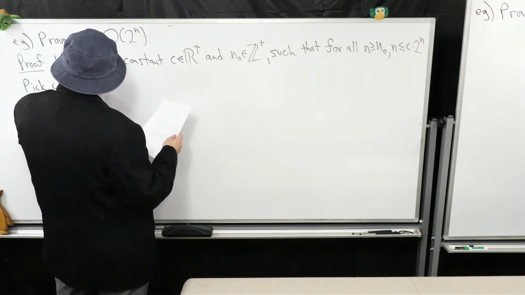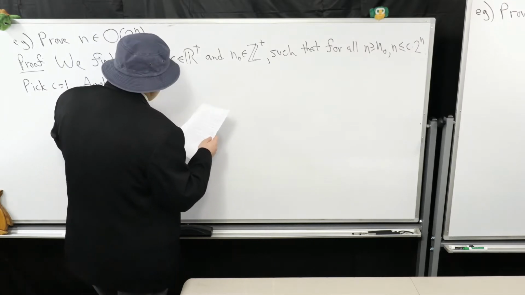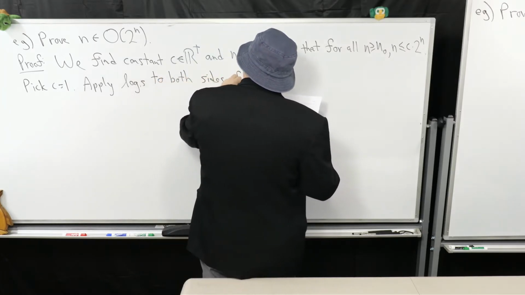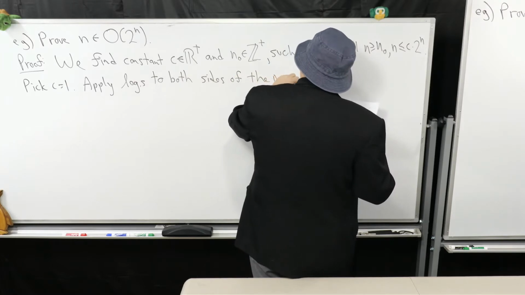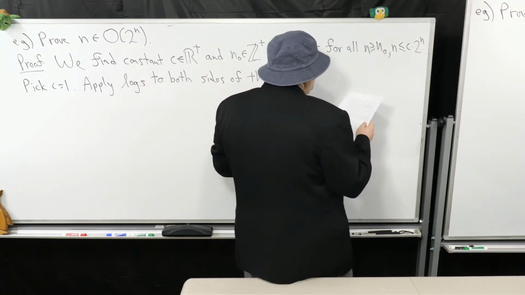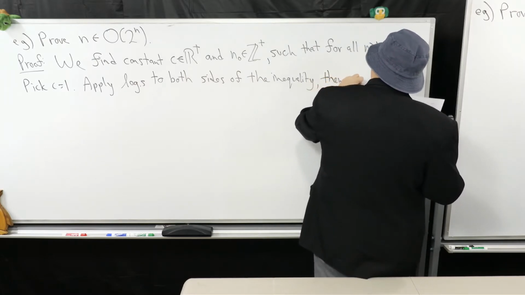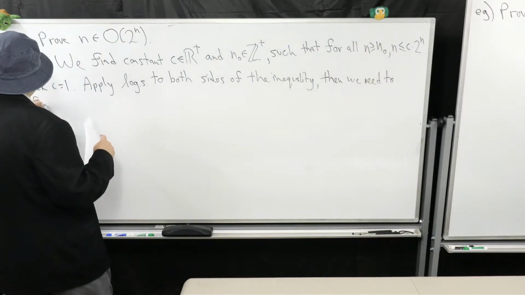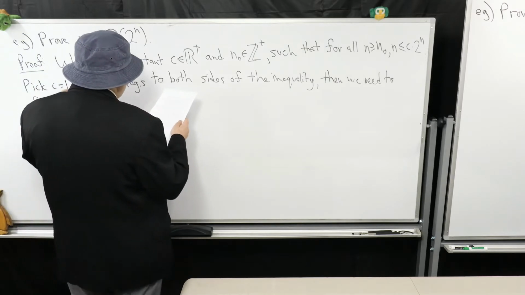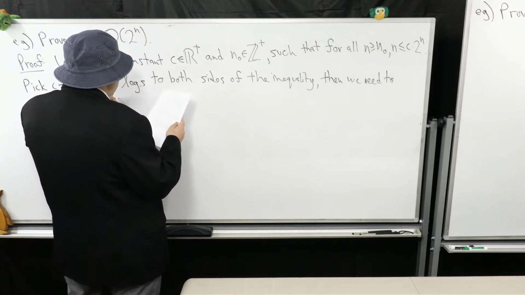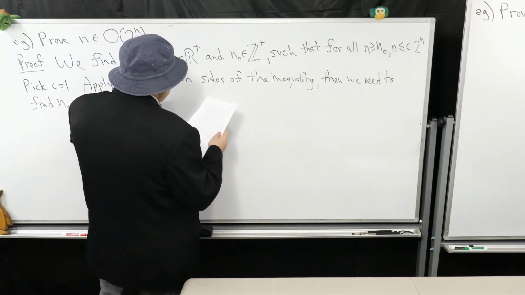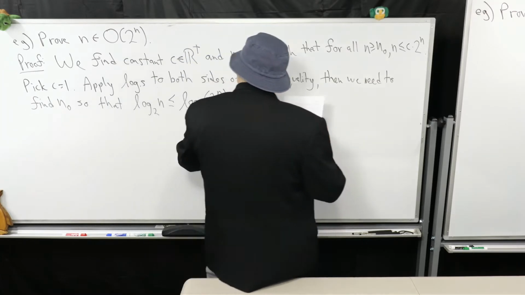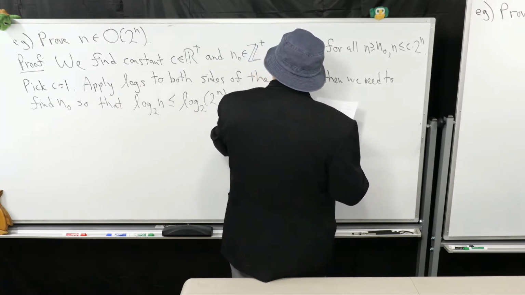I'm going to apply logarithms to both sides of the inequality, then we need to find n0 so that log base 2 of n is less than or equal to log base 2 of 2 to the power of n for all n greater or equal to n0.